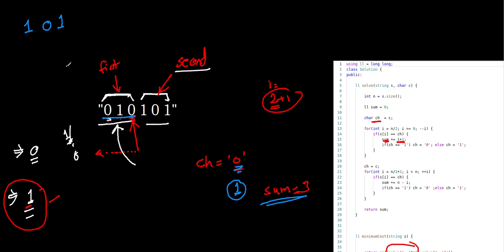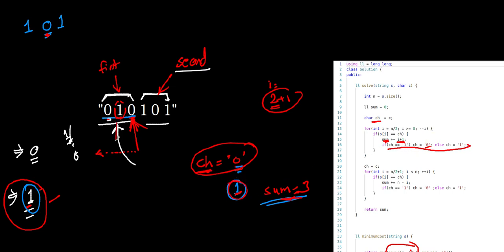Because as we said, this value is 0, and we wanted all the characters to be 1. So now, instead of looking for 0, we look for 1, because 1 is now 0, and we want to convert it to 1. And what we do is flip ch if it's 0. So we start with 0, then we find this 0, we add the cost, and we flip this ch.